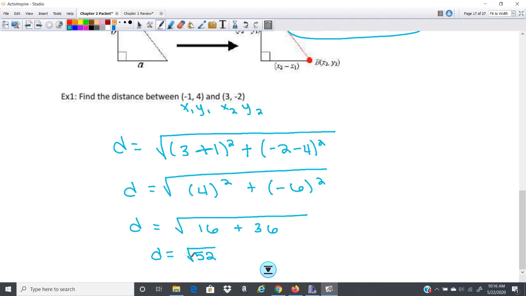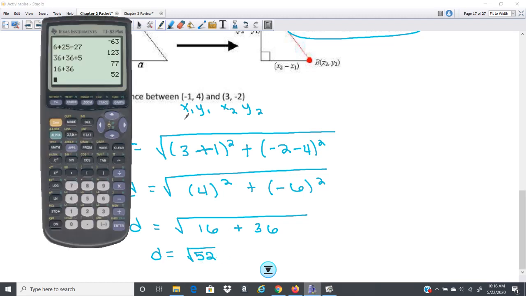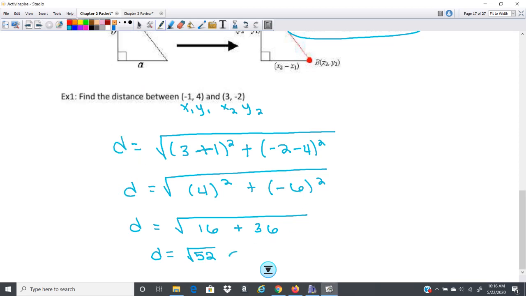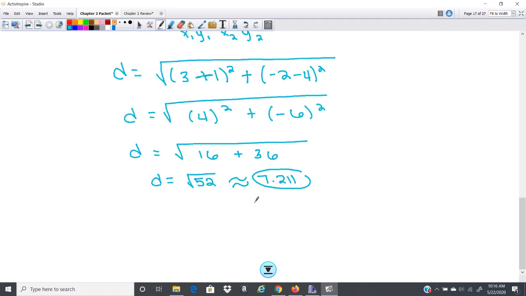Okay, and then when you get to here, you do the square root of 52, so you're going to have two answers. Oh, I forgot to put the 52 in. Square root of 52. You're going to have this exact answer here, which is 7.211. And I use those curly equal signs. That means I'm approximating, which means I rounded here. And then also you're going to want to simplify this.